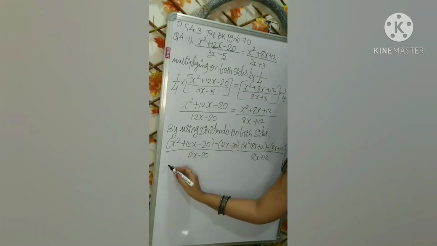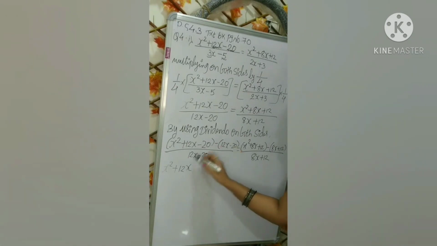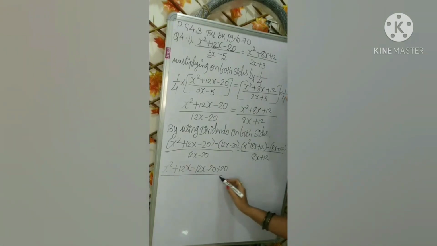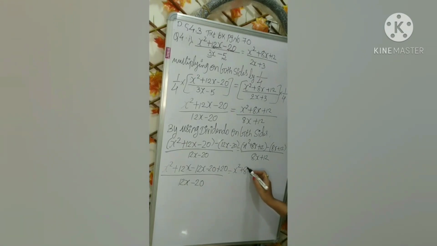So let's just open the bracket and solve. X square plus 12x, like terms together, minus 12x minus 20 plus 20, the whole upon 12x minus 20 is equal to x square plus 8x minus 8x plus 12 minus 12, the whole upon 8x plus 12.